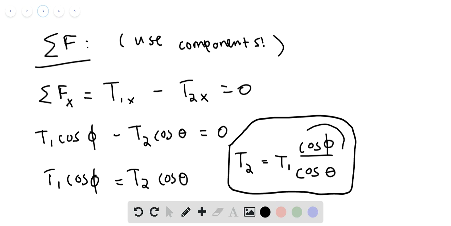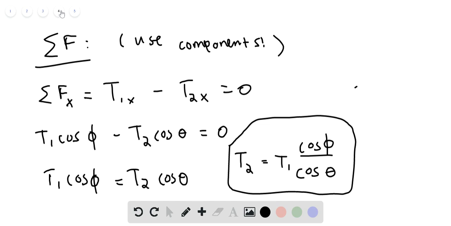This is really just a number. So T2 is equal to some number multiplied by T1, but I just didn't do the calculation here. You can easily put in cosine 37 over cosine 53 and find this circled number. But for now, I'm not going to focus on it.